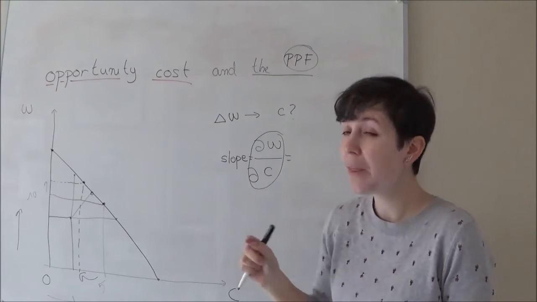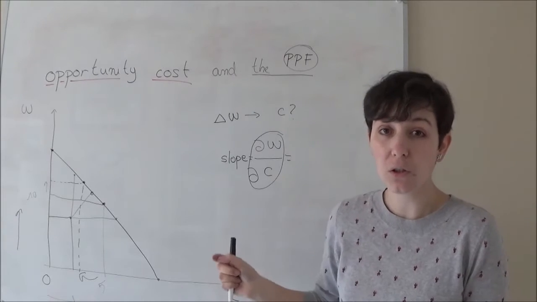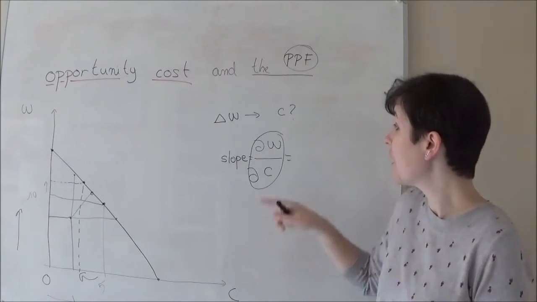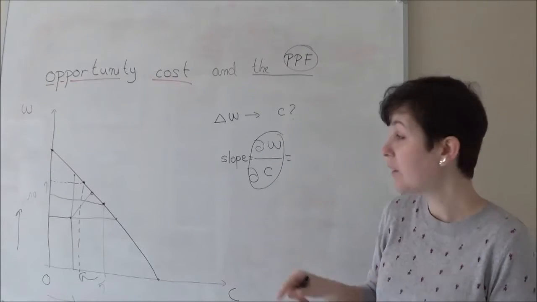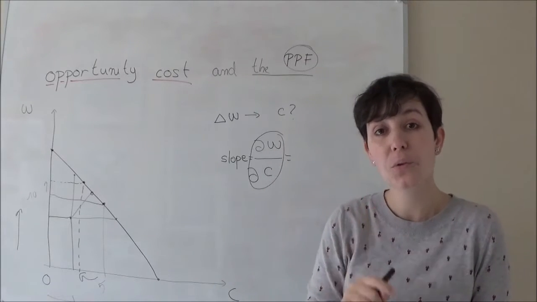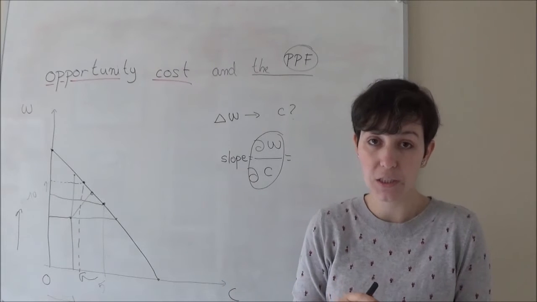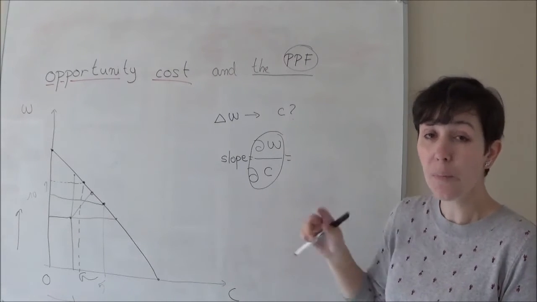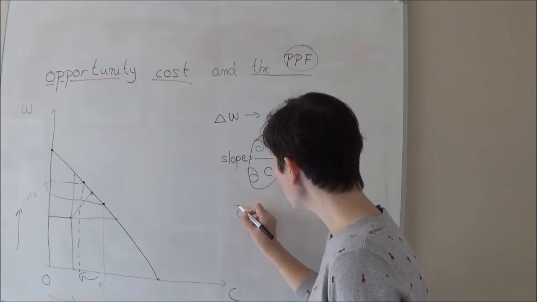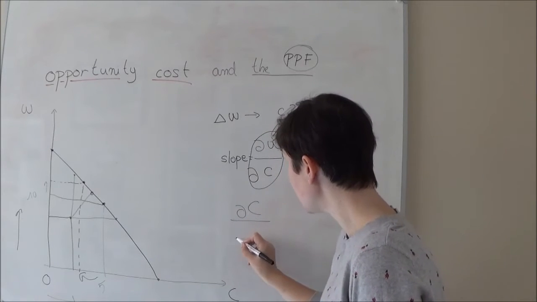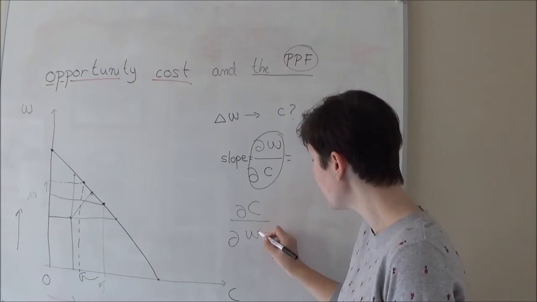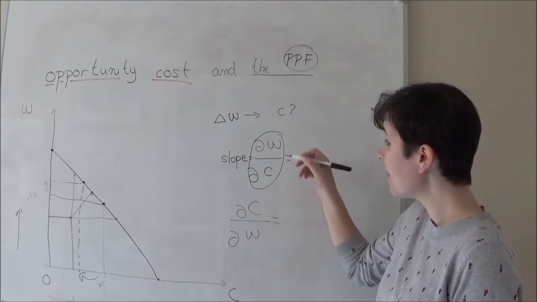So the slope of the PPF is the opportunity cost because it's going to tell me how the production of wine is going to change when I increase in 1 unit the production of cheese, okay? And if I want to know the inverse, the opposite, I mean, how the production of cheese changes when I increase in 1 unit wine, it is as simple as the inverse of this.